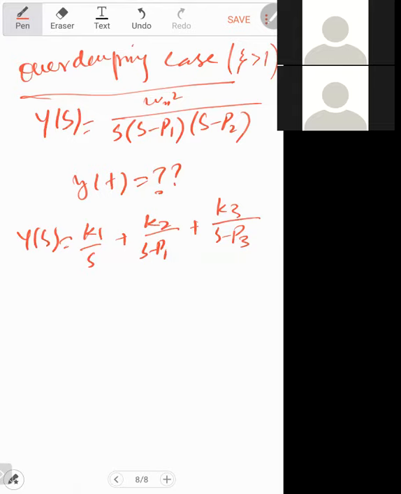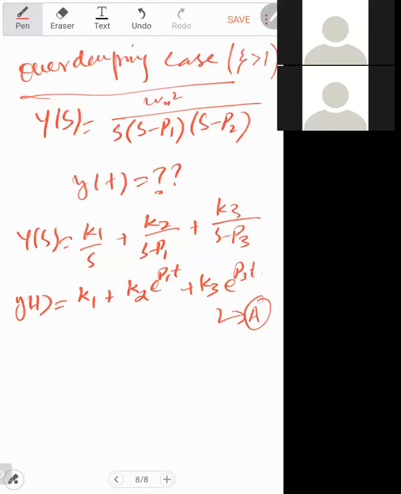If you find them, then we can use the inverse Laplace transform, and we get y of t equal to K1 times the unit step function, plus K2 e raised to power p1 t plus K3 e raised to power p2 t. Let's say this is equation number A. This is the output response.